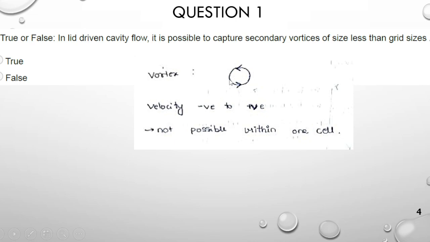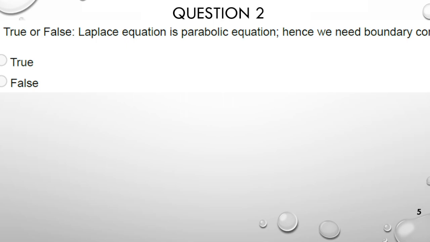Now, when it is changing sign, it has to go from negative to positive, and at one instant the velocity goes to zero also. That is not possible within one cell. Within one cell you will get only one velocity value, right? So you cannot go from negative to positive. At least you need two cells to do that. Two cells would also not be accurate actually, because you'll not get zero, but anyway you can manage with that. But within one cell whose size is less than delta x delta y, definitely that's not possible. I think you have answered on the chat box quite correctly.